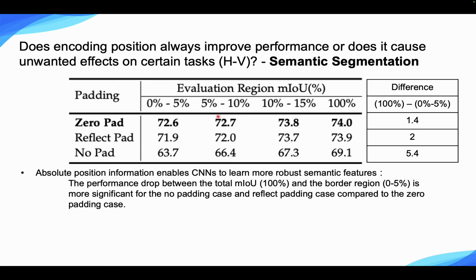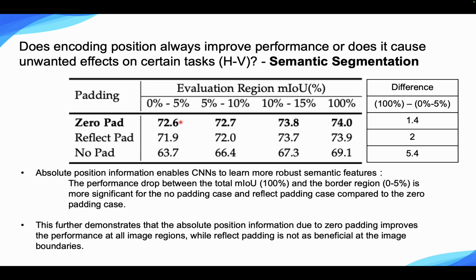Zero padding also dropped, but it dropped slightly less than reflect padding and no padding. This further demonstrates that the absolute position information due to zero padding improves the performance at all image regions, while reflect padding is not as beneficial at the image boundaries. So, in the semantic segmentation task, encoding positional information improves the performance.